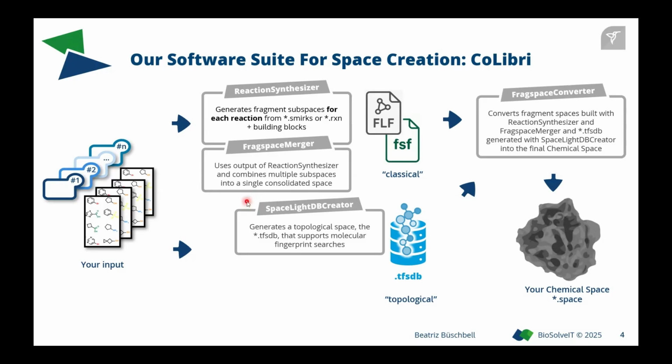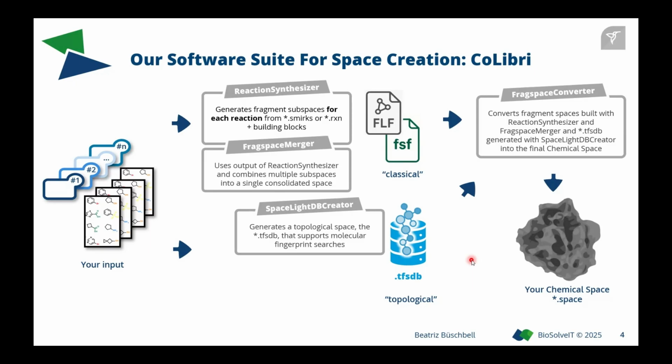The third part is the Spacelight DB creator, which generates a topological space. It has a special file format, and that is needed to support these molecular fingerprint searches. That's why this tool is needed to create the topological part of your chemical space.